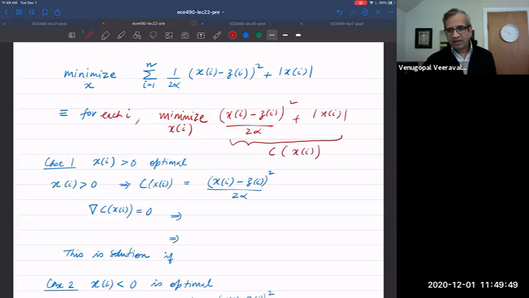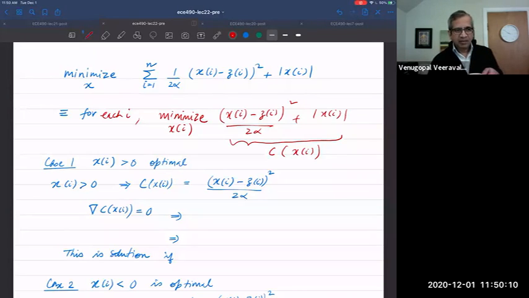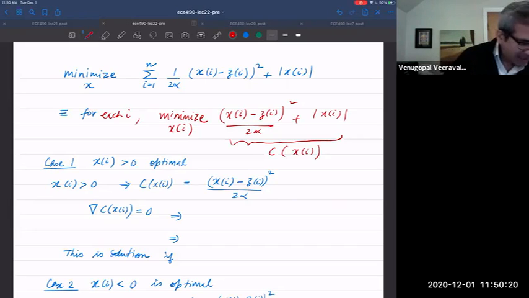This is a convex function, but it's not differentiable at xi equal to 0, right? So you have to be careful depending on where the minimum occurs. So let's consider different cases. Let's consider first the case that a positive value of x is optimal. So xi bigger than 0 is optimum.